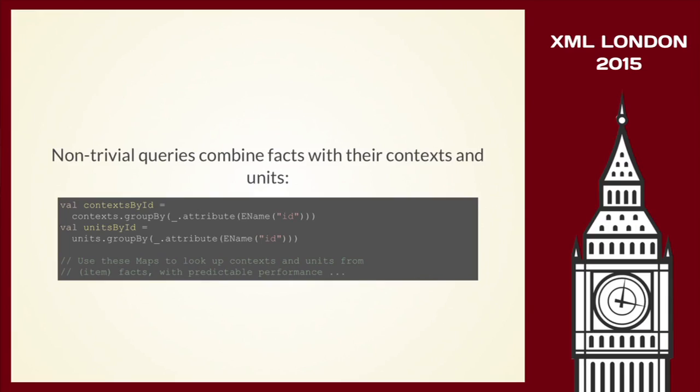We define two maps, a map from ID attributes to contexts, and the same for units. And if you have those two maps, then lookups from facts to context and units becomes very fast. So you have predictable performance. So that's the advantage of using a programming language.